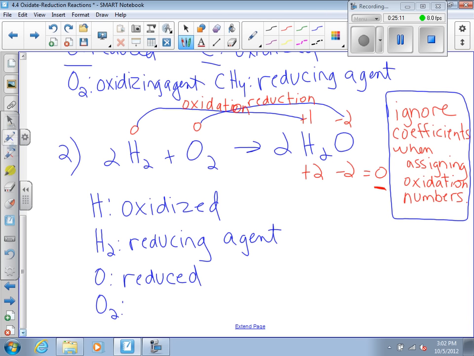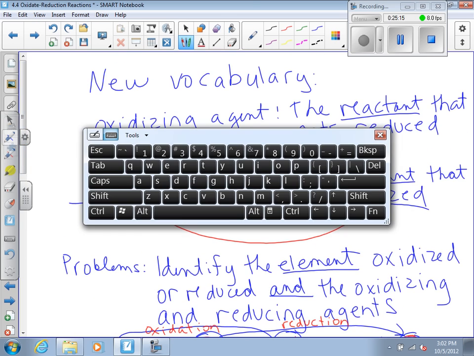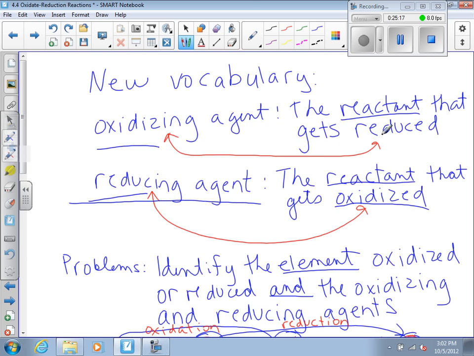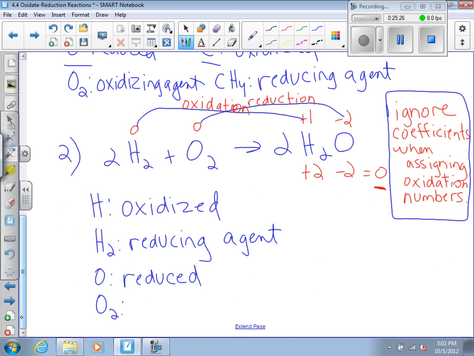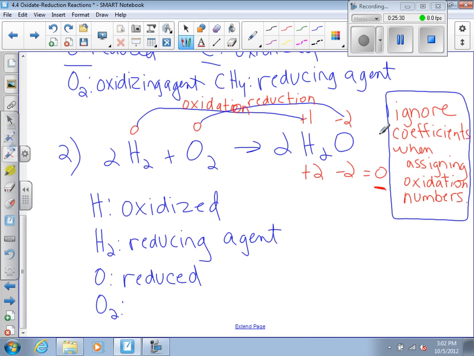If we got reduced, we're the oxidizing agent, and it's the whole reactant. So this is the oxidizing agent. And that's it.